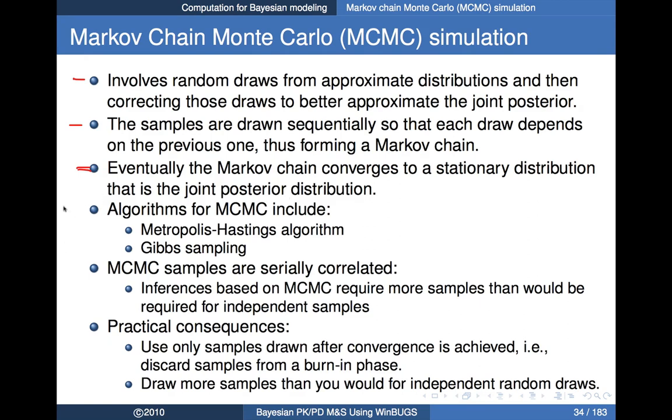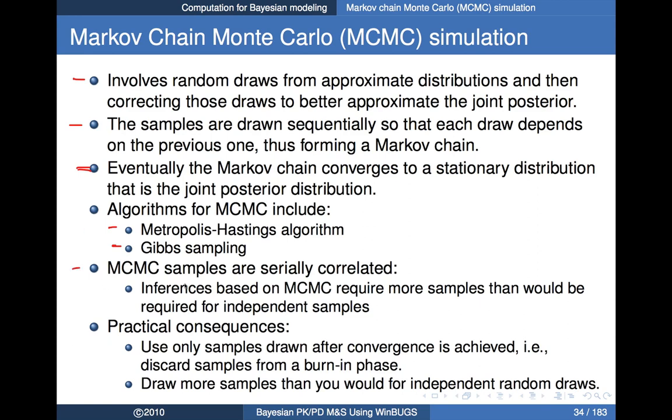There's a number of algorithms under the heading of MCMC. The two most common, fairly broad categories are the Metropolis-Hastings algorithm and Gibbs sampling. In fact, even Gibbs sampling can be described as a special case of the Metropolis-Hastings algorithm. Some issues here.